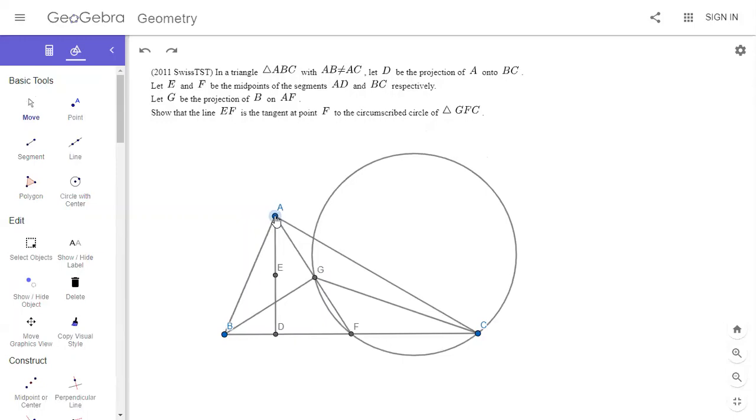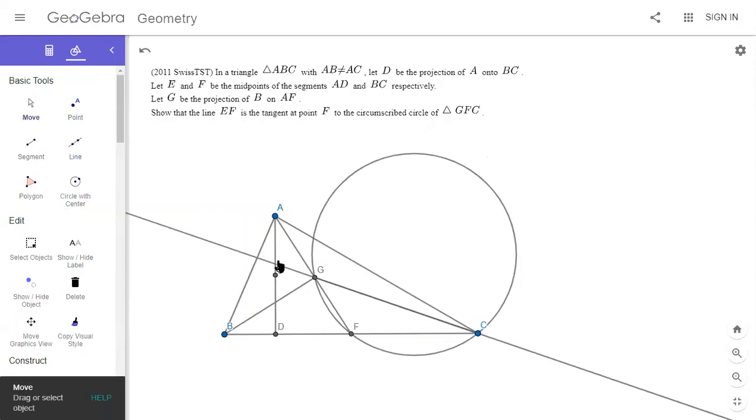But what if we extend CG to meet AD at a point? No, that doesn't. And then what if we draw a perpendicular to AC? That might be useful.